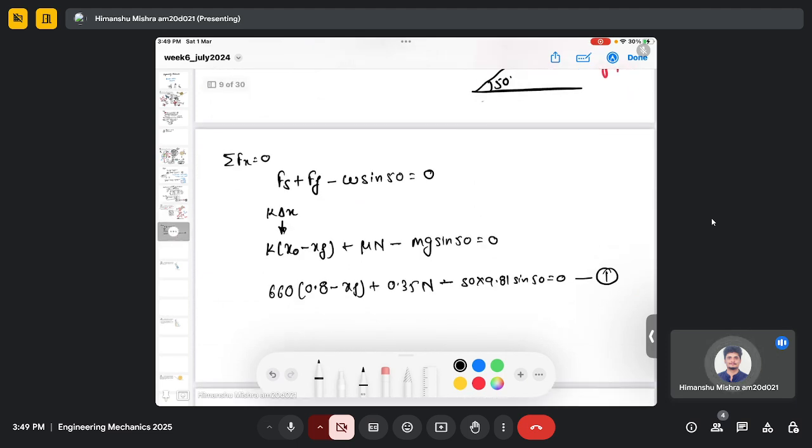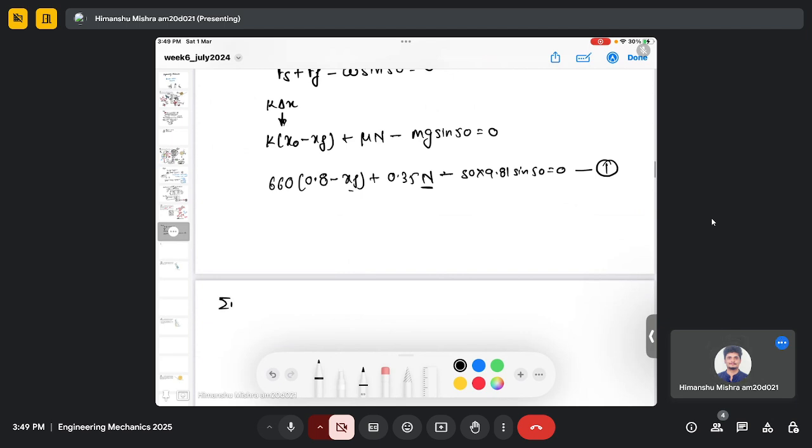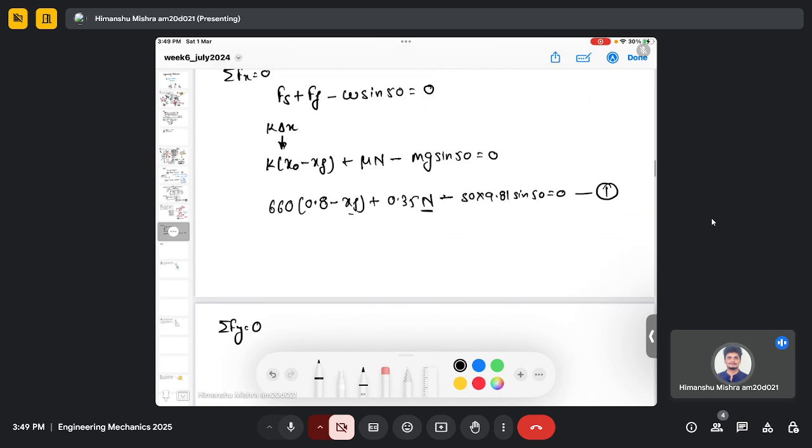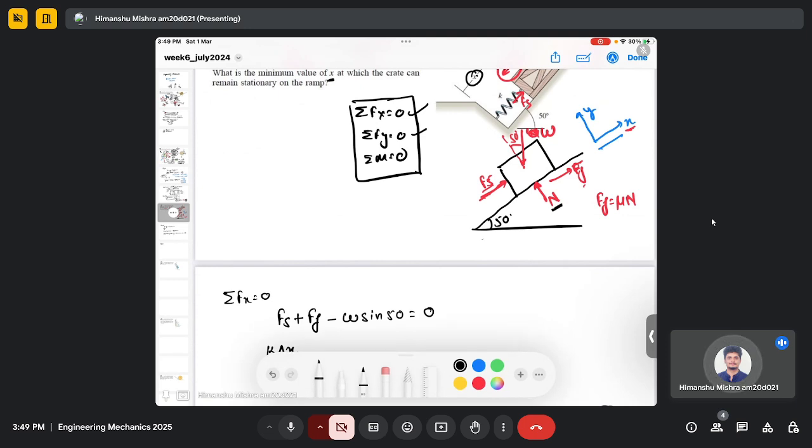Yeah, so there are two unknowns for now, N and xf. So if I write down my second equation and sum it to 0, then I will have this normal reaction force, which is balanced by the component of the weight force, which is W cos 50.